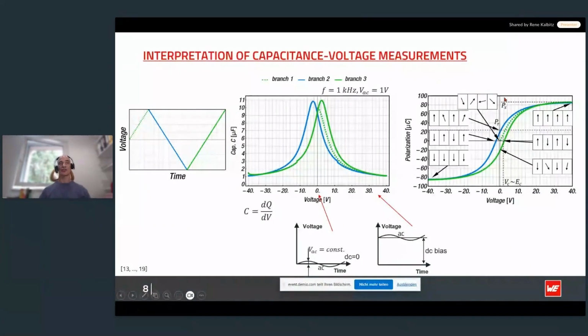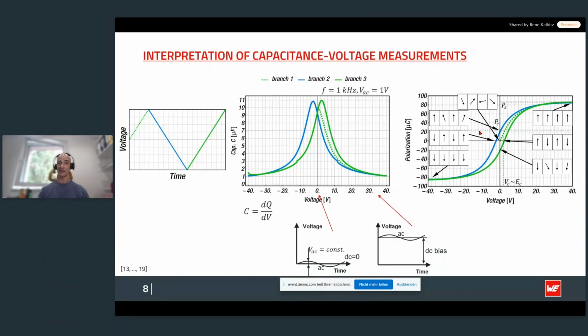Saturation polarization is reached when all dipoles ideally point in the direction of the external field. As the voltage increases, the dipoles become aligned and the dipole movement becomes more and more restricted, which leads to a reduced charge change delta Q or dQ.